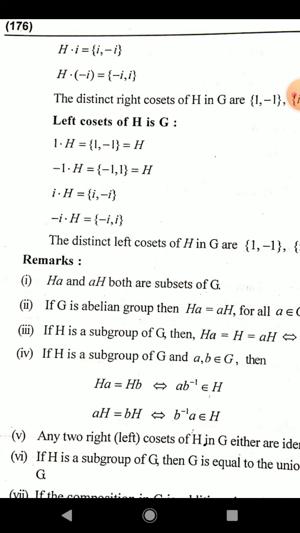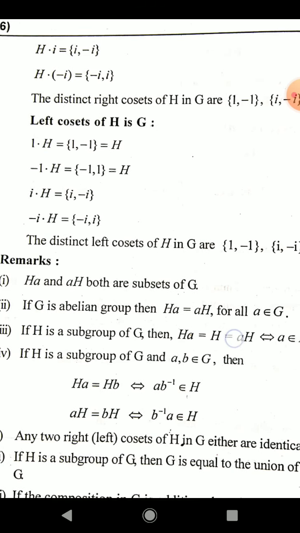As in this example, we have seen that for right cosets, the first two are equal and the last two are equal. But if we consider the first and third, they are not equal and also have no element in common. Remember that if we consider any two right cosets, then they must be equal or have no common element. Or if you have at least one common element, all elements must be common.